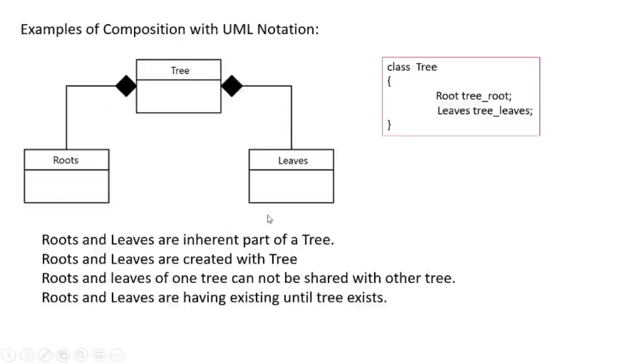Roots and leaves are created with the tree when the tree is created. Roots and leaves of one tree cannot be shared with another tree. Roots and leaves exist only until the tree exists. When the tree dies, these leaves and roots also no longer exist. If we decide to implement them using a C++ class, how can we do it? A class Tree, and inside that we have created simple variables of type Root, tree root, and Leaves, tree leaves.